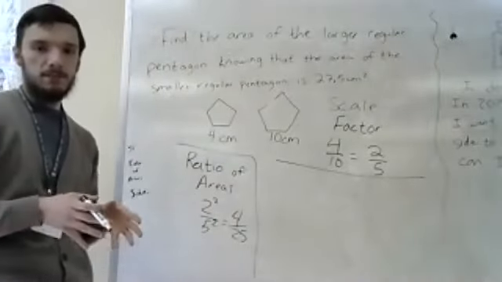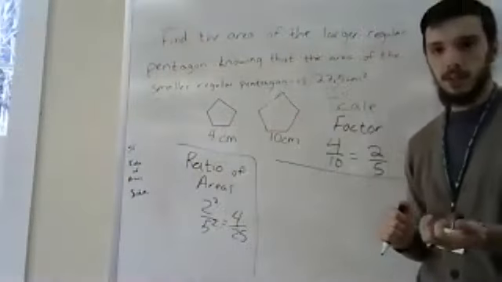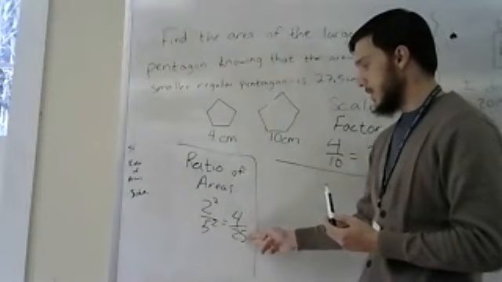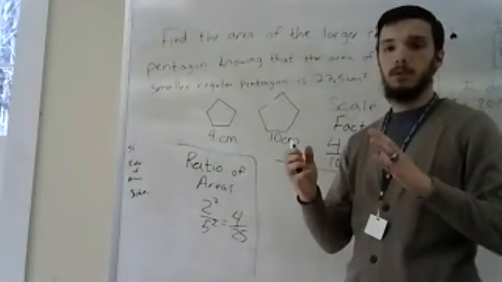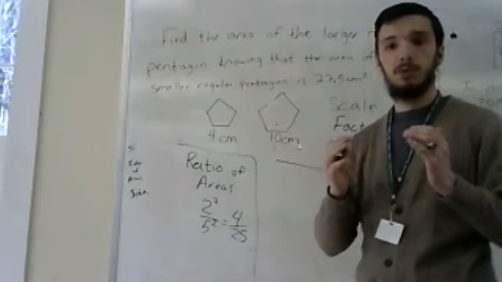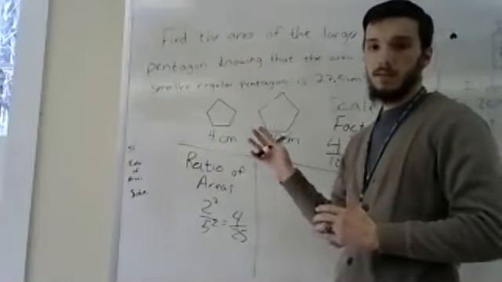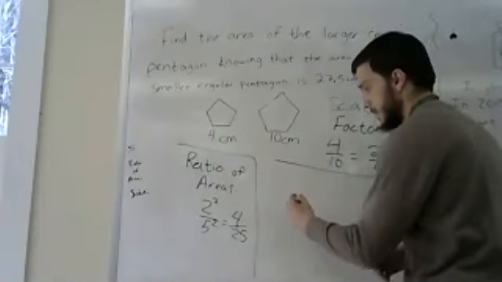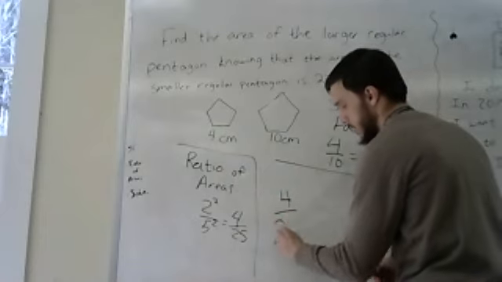Now that we have this information, we can actually use it to create a proportion. Since we know that the ratio of these areas is going to be 4/25, we can make a proportion where 4/25 is equal to the actual values for the area of the two pentagons. So let me show you what I mean. We know that the ratio of the areas has to be 4/25.